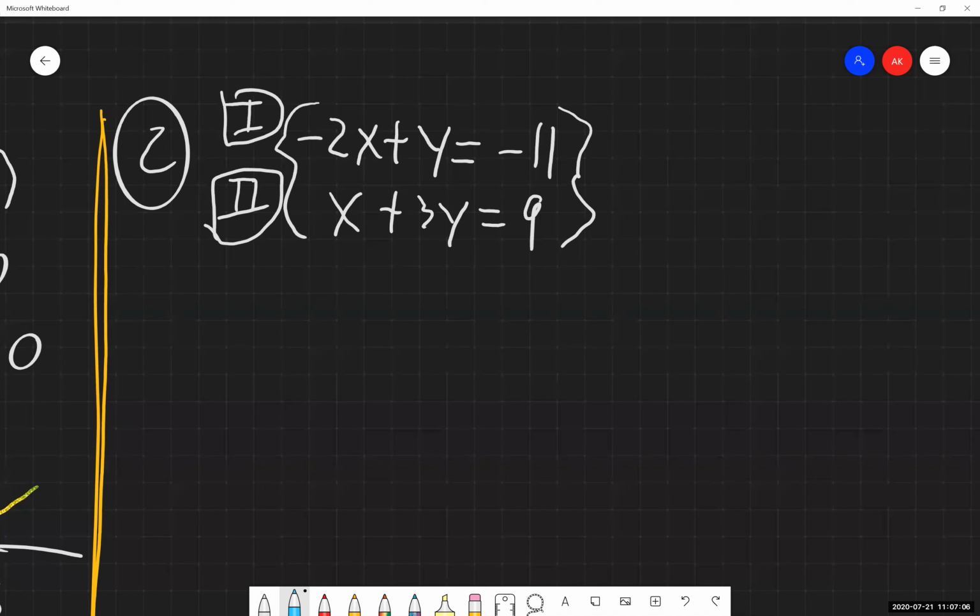It does not matter which one you choose. You just need to pick one and move forward with it. So I'm going to solve for x in my second equation. I want to get x equals, and the best way to do that is to subtract 3y from both sides of the equation.